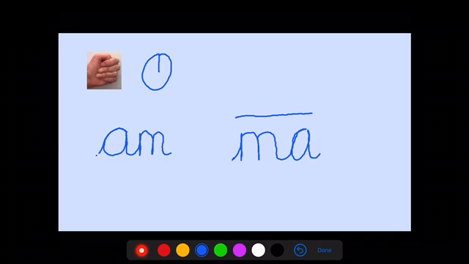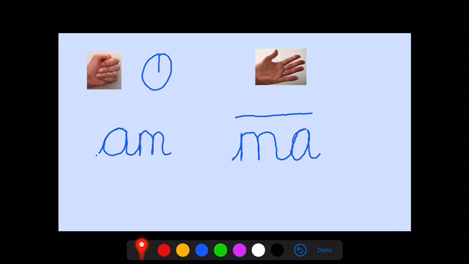So the letter that we write is the letter A. We have an open hand to remind us. If we hear a right at the end of a syllable, then we know that the letter that we write is the letter A.